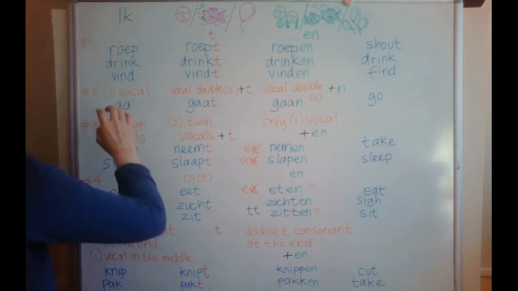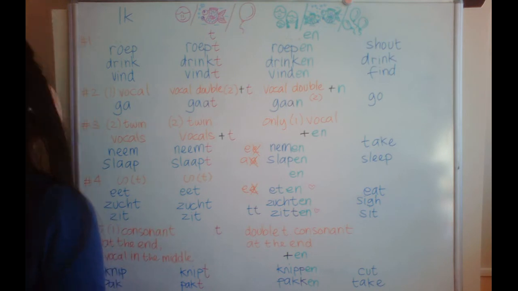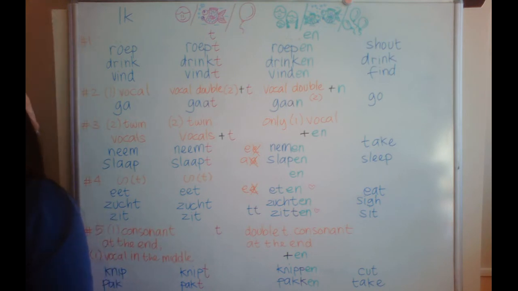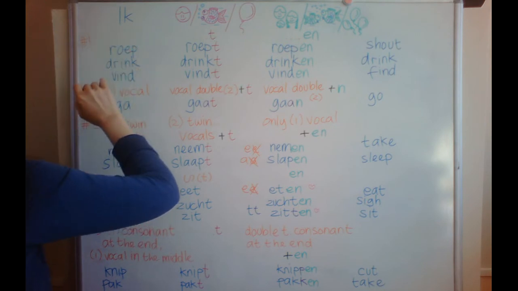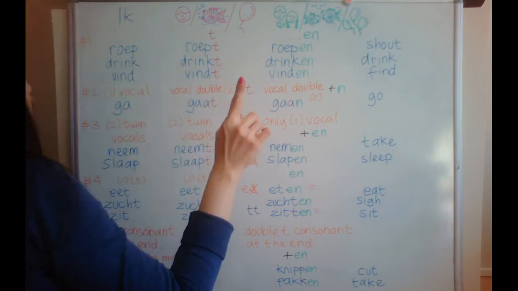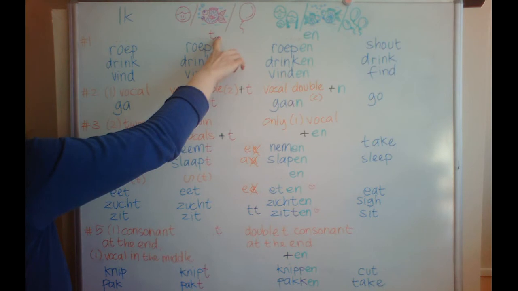Number one, this is the basic or the original. This form is for ik, but for a subject that consists of one, you have to put t at the end of the verb.